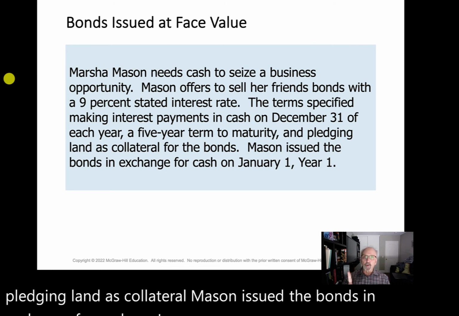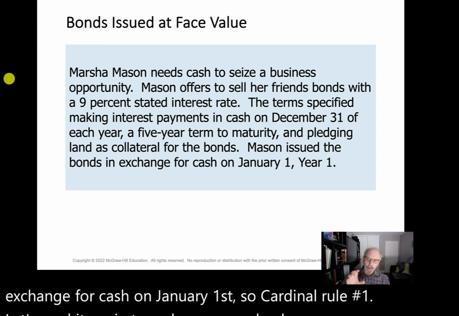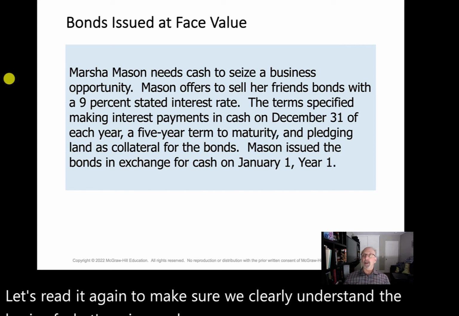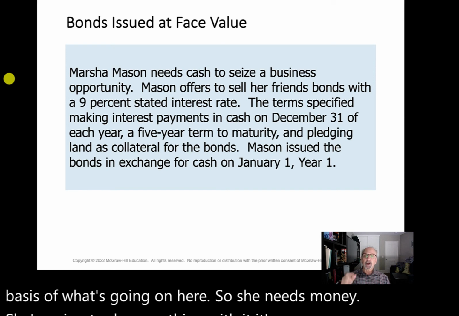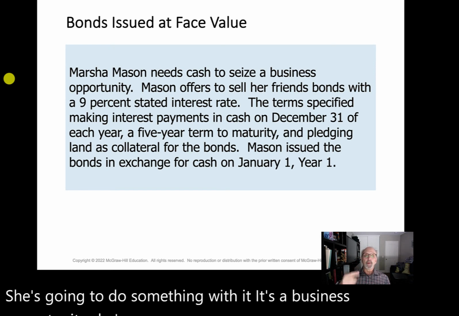So, cardinal rule number 1. Let's read it again to make sure we clearly understand the basis of what's going on here. So she needs money. She's going to do something with it. It's a business opportunity. She's selling bonds. The bonds have a stated interest rate of 9%.